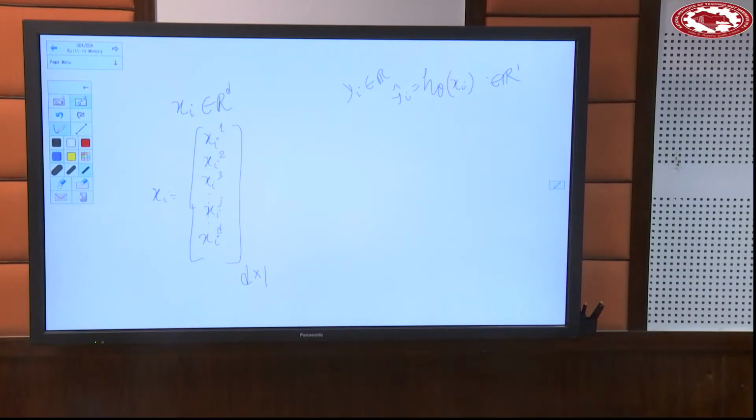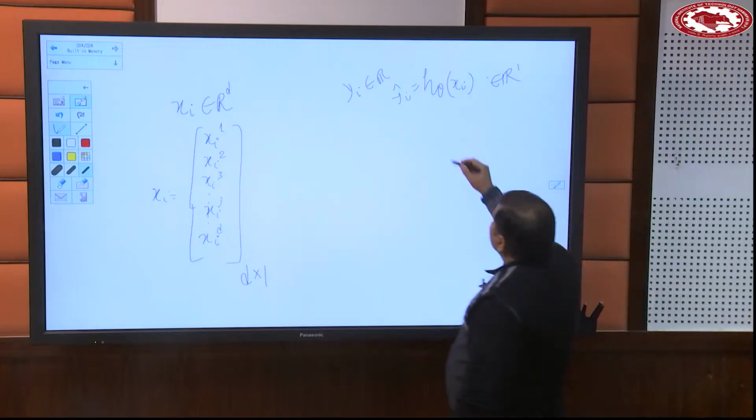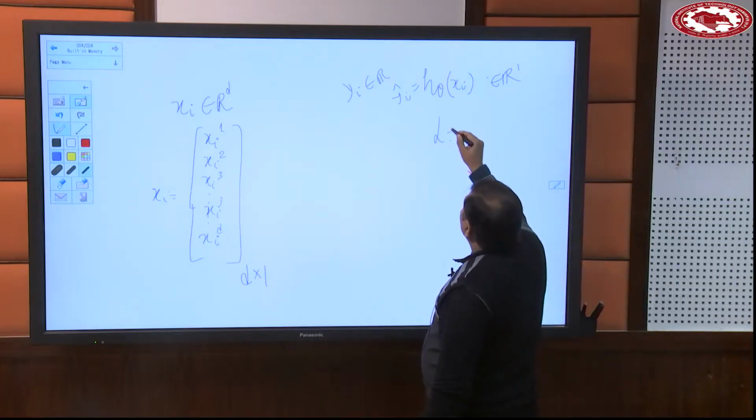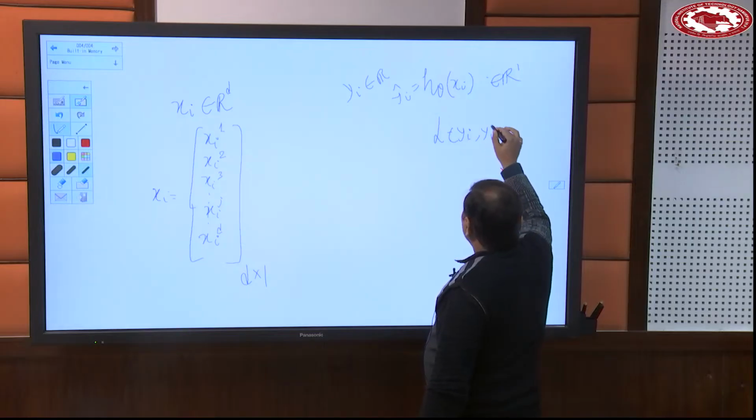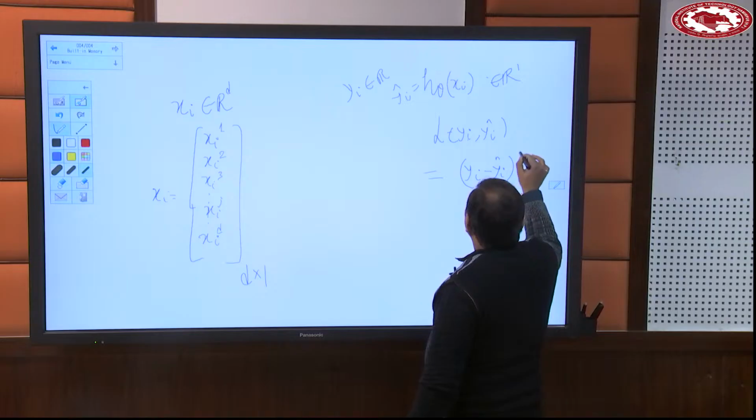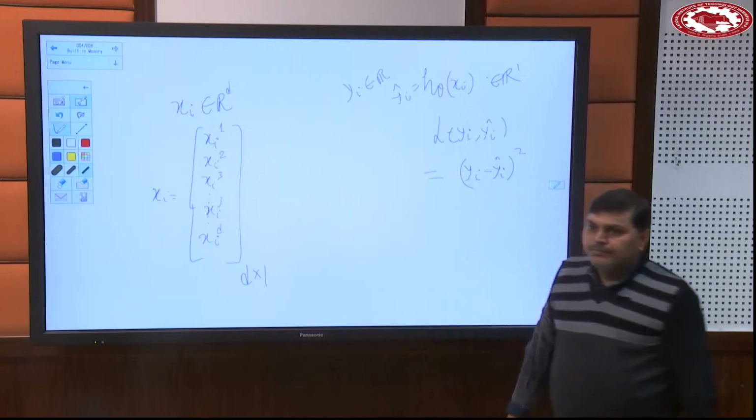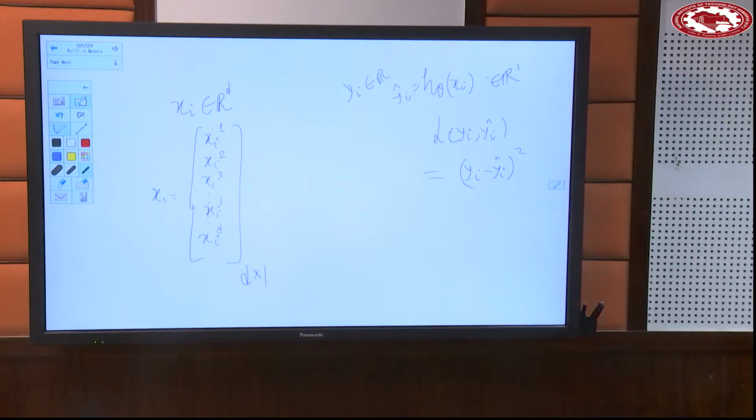I am just assuming this is a scalar for the time being. And let your loss function be just a squared error: loss of this yi and this yi cap is, let us say, yi minus this yi cap, squared. Clear?